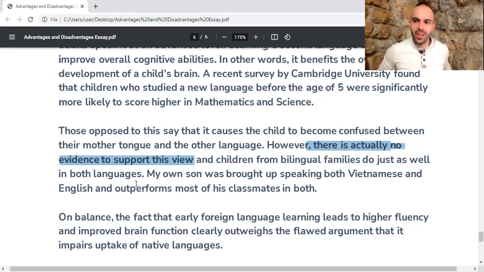You have to do that because it's the weaker side. Because you've already mentioned in the introduction that advantages outweigh disadvantages. So you can't support the disadvantage in your paragraph. You need to explain why this is not strong, okay? And you need to provide an example based on that. Let's see the example. The example, by the way, is matching the explanation. My own son was brought up, means was raised, speaking both Vietnamese and English, and outperforms most of his classmates in both, okay?